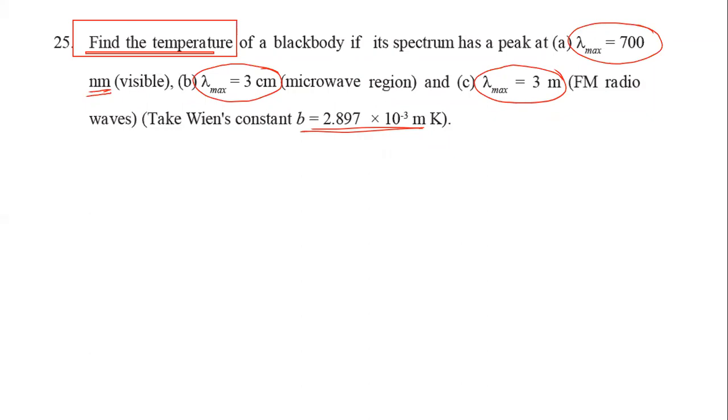Now, what is this Wien's displacement law? Before that, we list all the terms. We have to find three temperatures. Let me tell you the basic hint about this problem, then you can start. Later on, I can display the solution here. Here, lambda max is equal to B by T, so to find the temperature, T is B by lambda max.